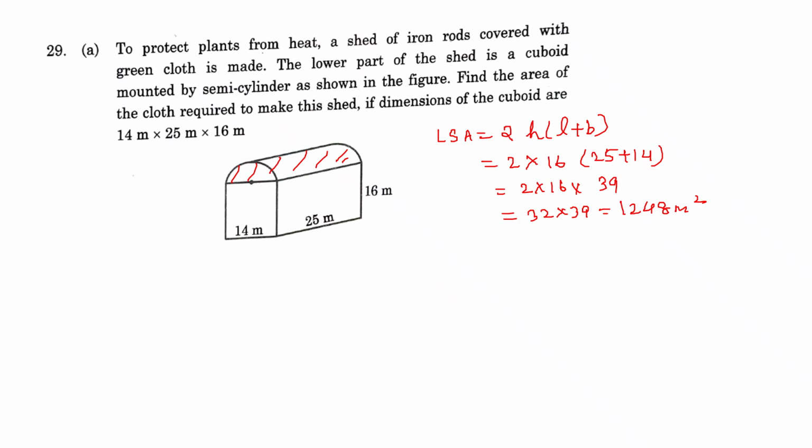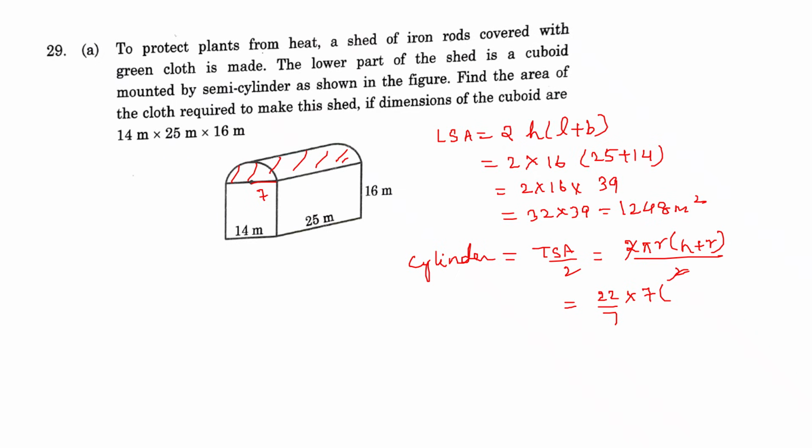This is actually half of the total surface area. So for the cylinder it will be total surface area divided by 2. The total surface area formula is 2 pi r (h plus r), divided by 2. Now radius will be half of 14, which is 7. So it will be 22 by 7 into 7.